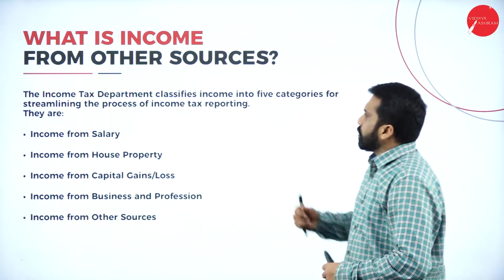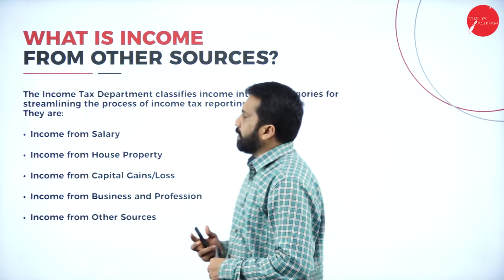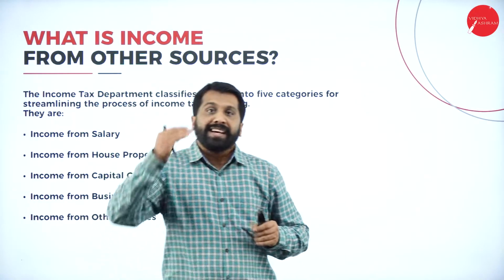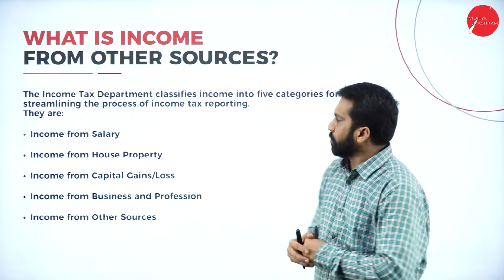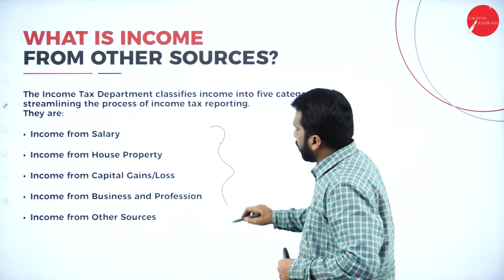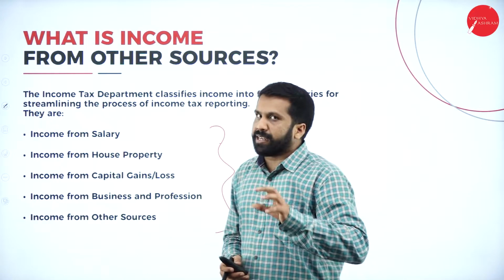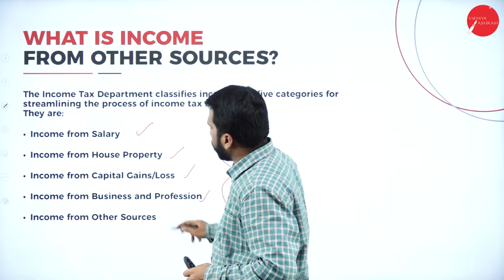So first one, what is income from other source? You need not write the definition. You are supposed to write any 10 items that come under income from other source. Normally there are 5 heads of income: salary, house property, capital gain, business or profession.